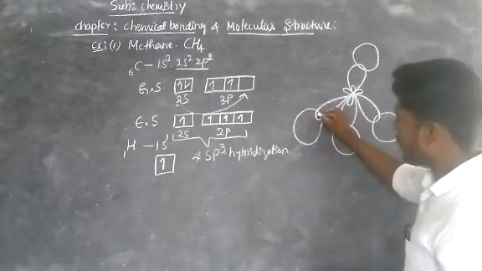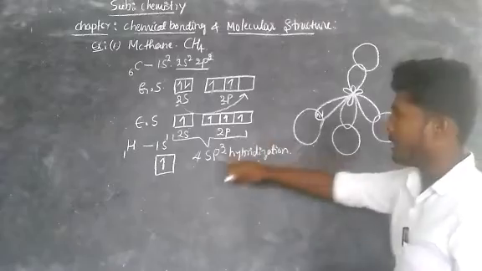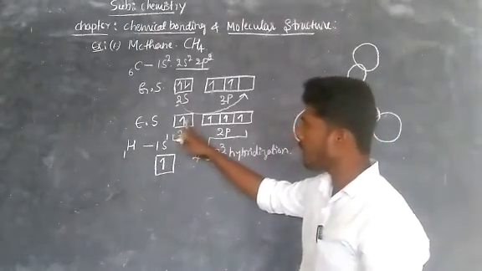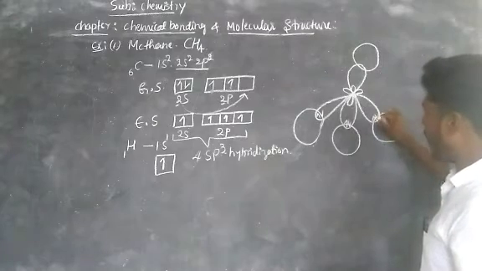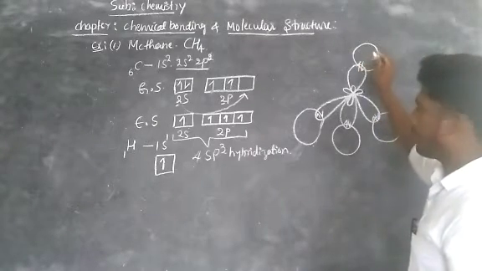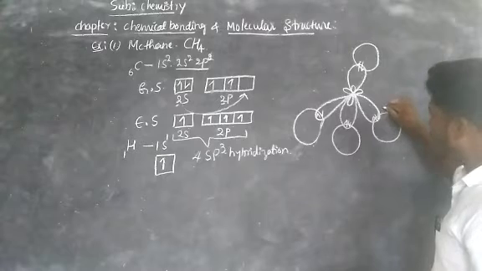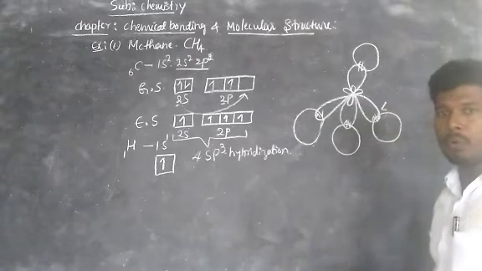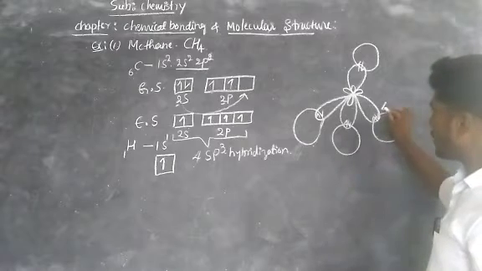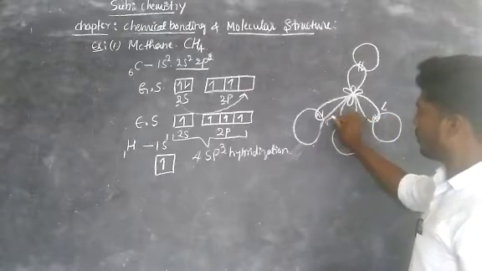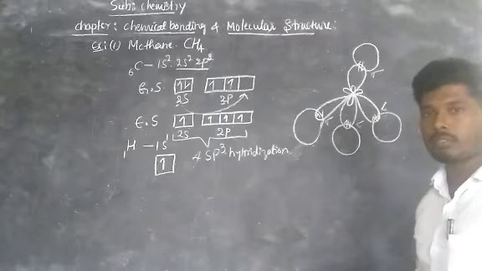Okay, now here there are electrons 1, 2, 1 electron from hydrogen and 1 electron from carbon. Similarly here 1, 2 electrons with opposite spin are overlapping. So this is called what? Formation of a sigma bond, head to head overlapping, or s and p orbital overlapping. You get 1 sigma bond, 2, 3 and 4 sigma bonds.